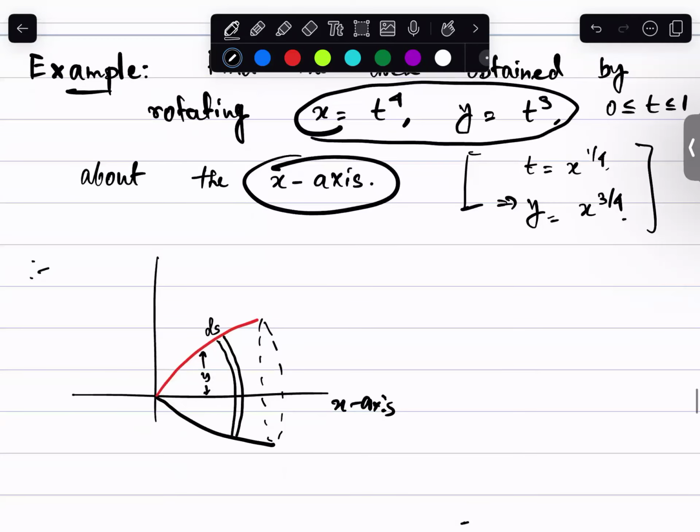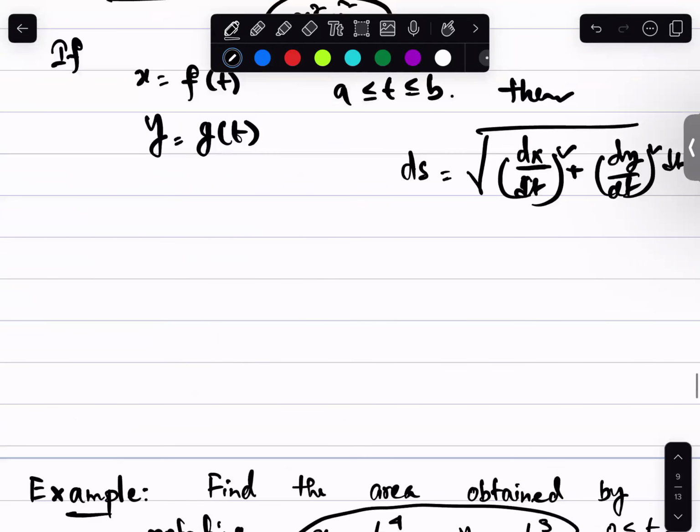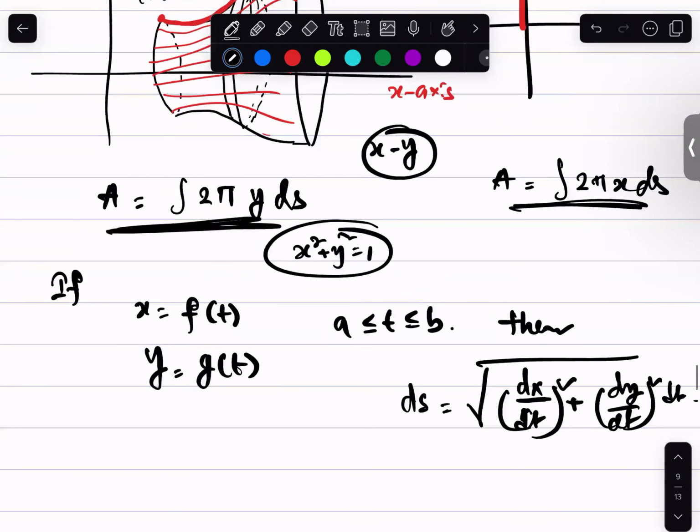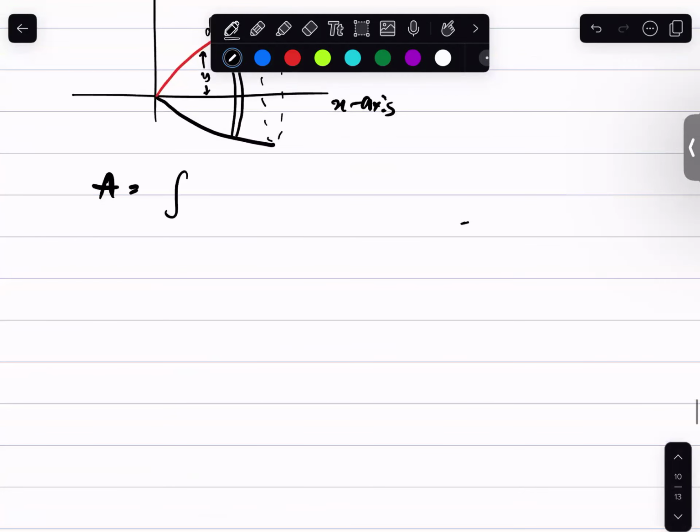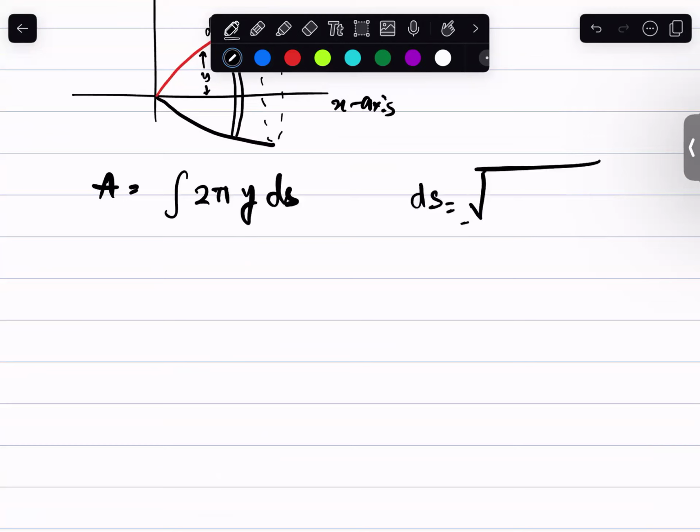And if I use the formula that I discussed before, this is the formula when we rotate around the x-axis, right? So the formula is just integration 2 pi y ds. Now ds, as I said, will be square root of (dx over dt) squared plus (dy over dt) squared dt, right?